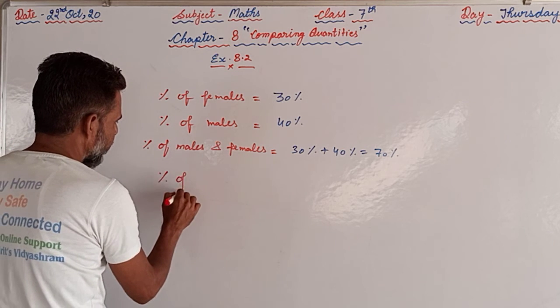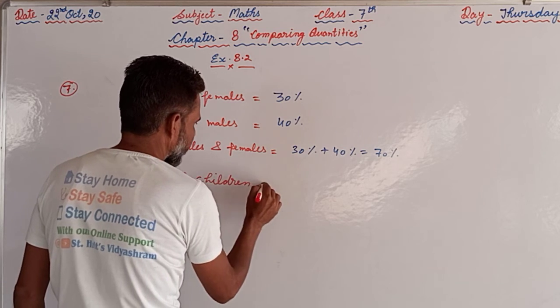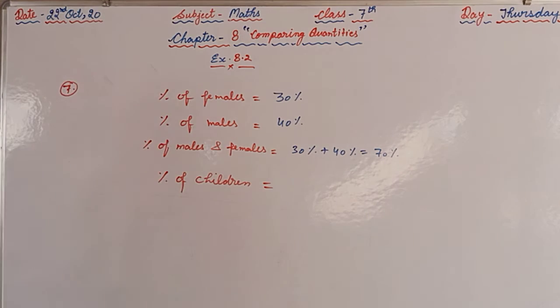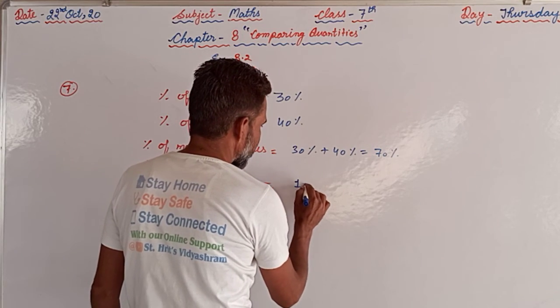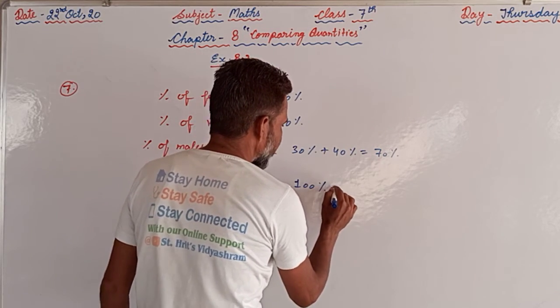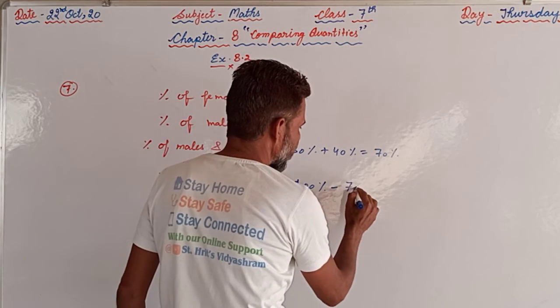Percentage of children, according to the question, remaining are children. Remaining means the total percentage is 100. So 100% minus the percentage of males and females, that is 70%.